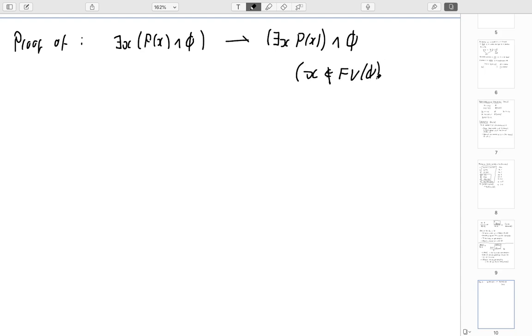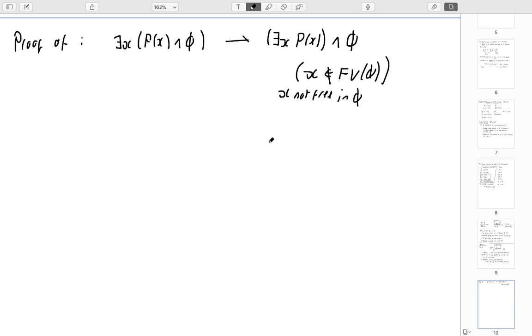So x is not a free variable in phi. That's what this notation means. Just to have it in the notes, let's just say x not free in phi.